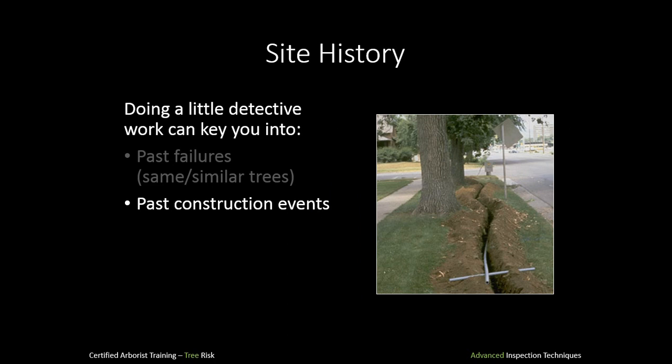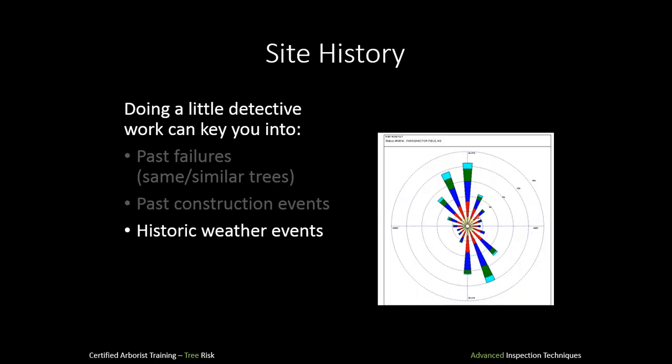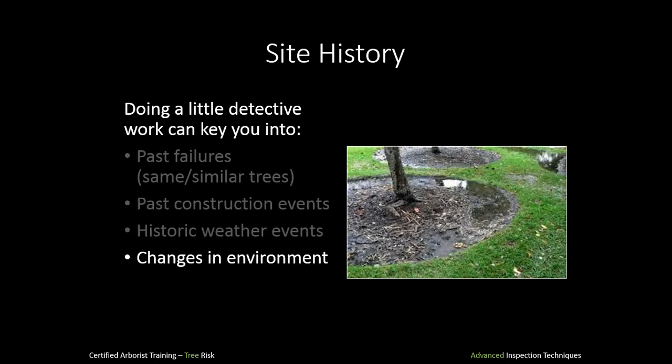Past construction events, I mentioned this before, but once that irrigation and conduits are all put in place, and the grass is back and grown in, you may have no idea what happened at that site. Historic weather events, changes in environment. I got called into a site once, and there was a bunch of trees that were drowning on the site. They had pretty much cattails growing in the lawn.